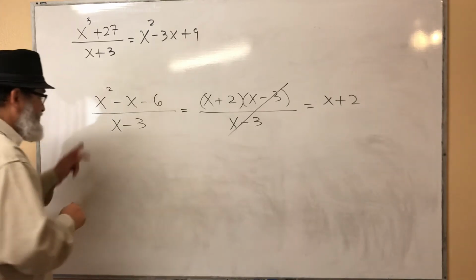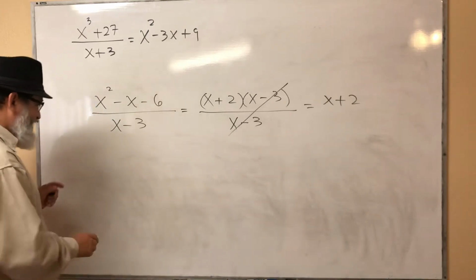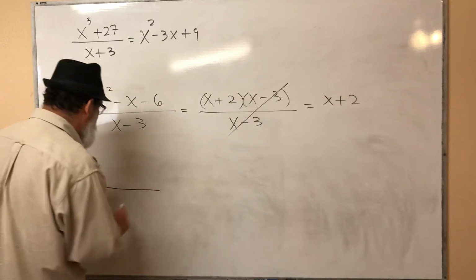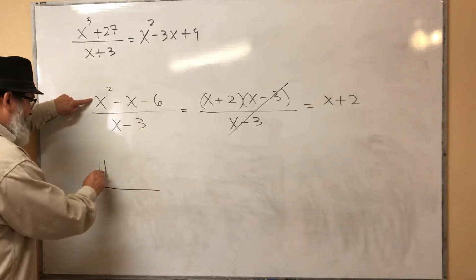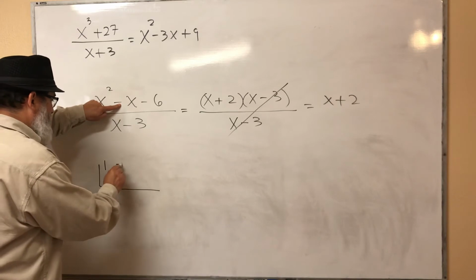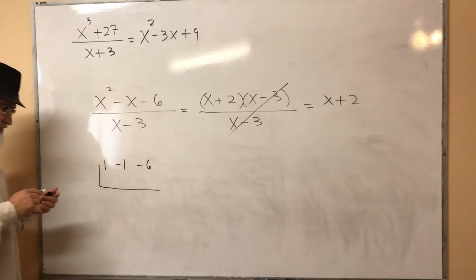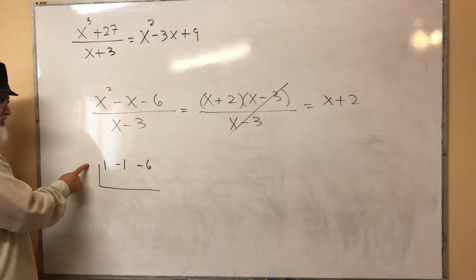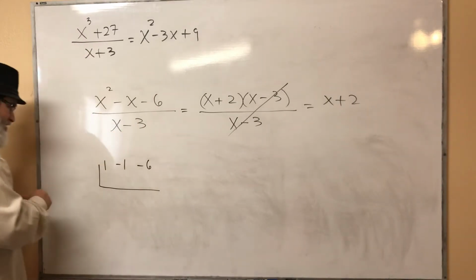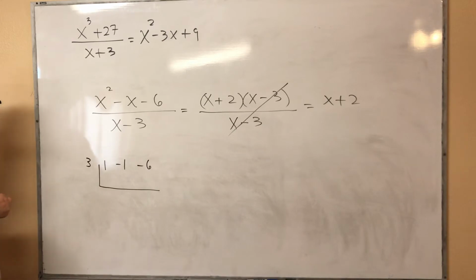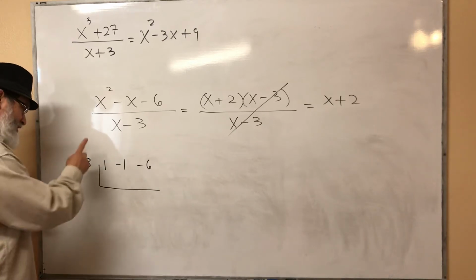Watch this. Synthetic division. How do you do synthetic division? Take a 1 there, take a negative 1 there, and take a negative 6 there. And what about here? Take the opposite, a 3. And what's the first step? Bring down.